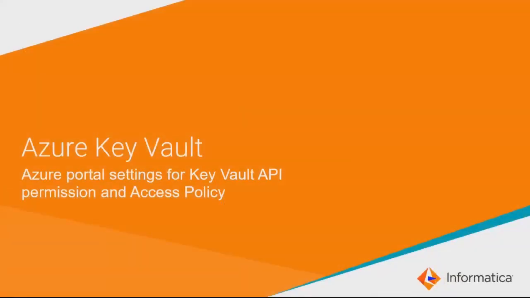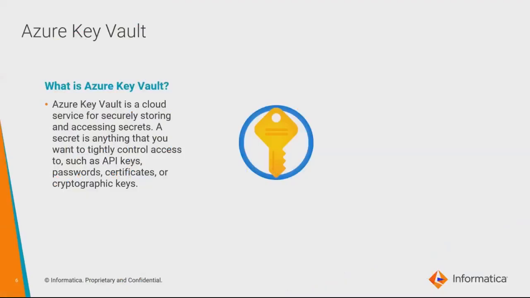In this section, I'll be giving a brief description about Azure Key Vault and the Azure portal settings that need to be made for Key Vault API permission and Key Vault access policy. What is Azure Key Vault? Azure Key Vault is a cloud service provided by Azure for securely storing and accessing secrets.